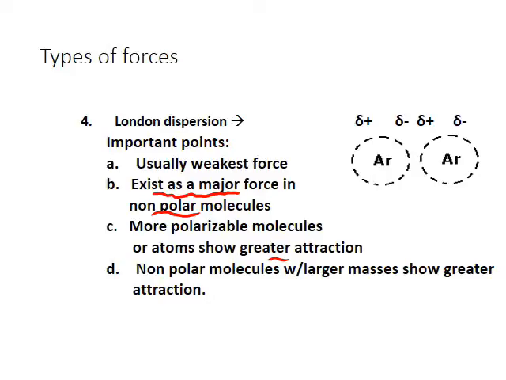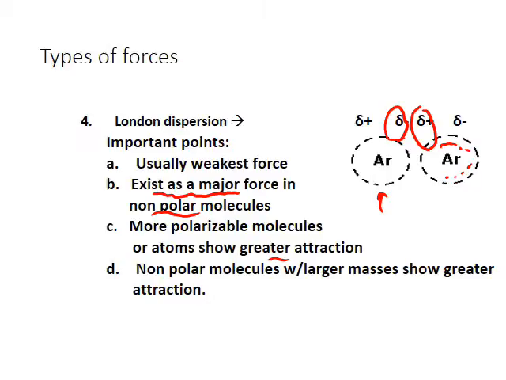Now let me explain to you what polarization is. Say one argon atom approaches the other argon, then there'd be negative on one end and positive induced on the other end. How? Electrons repel each other. So as they get closer, electrons from the right-hand side argon would go to the farther end. So in other words, its end that is facing the other argon would have delta plus if the first argon comes with delta minus or negative charge.